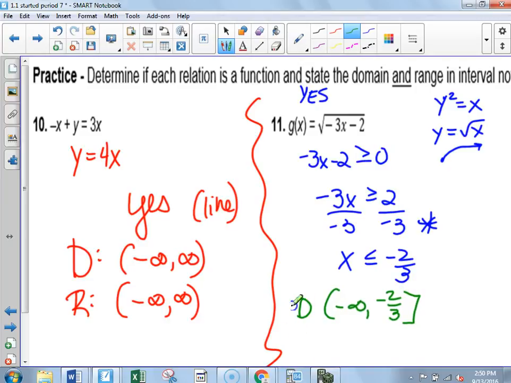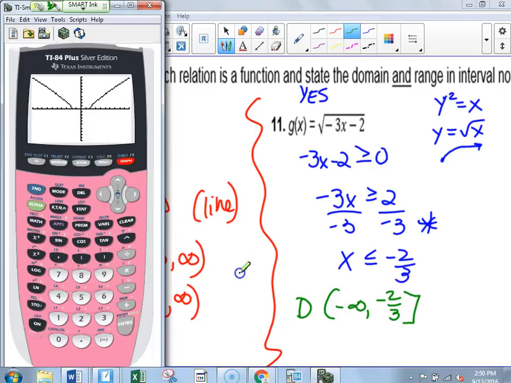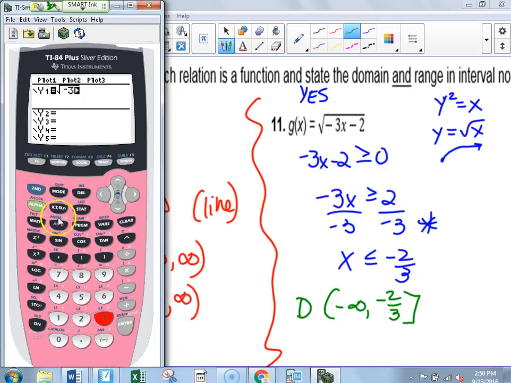Okay. I want to show you the graph real quick. The square root of negative 3x minus 2 looks like this. You would struggle mightily to find that value, that negative 2/3, from this graph.